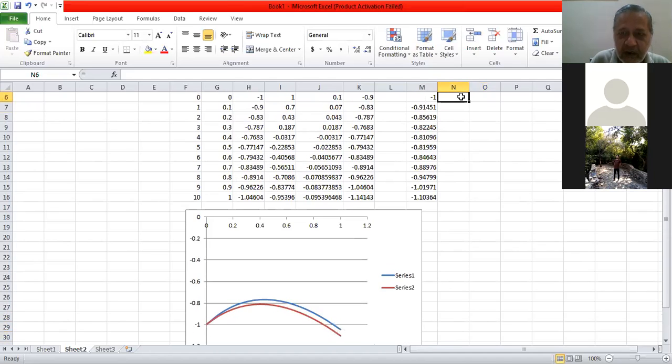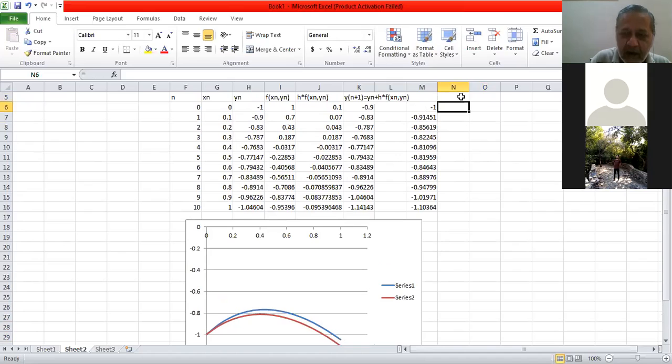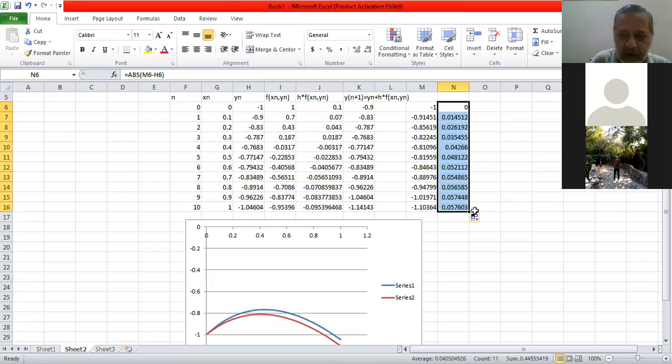We can check the absolute error between actual y values and the numerical y values. They are coming from M6 minus H6. This will be 0 because at the initial point the two solutions match, but that is not the case for the rest of the points. So we have some error.